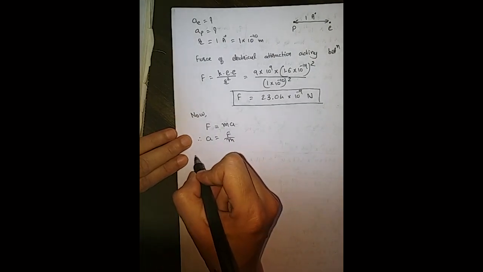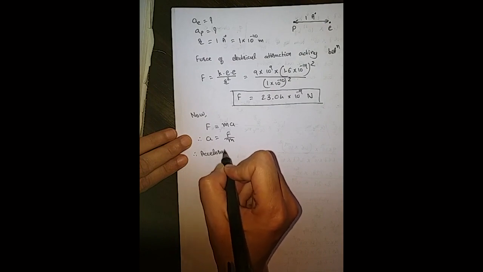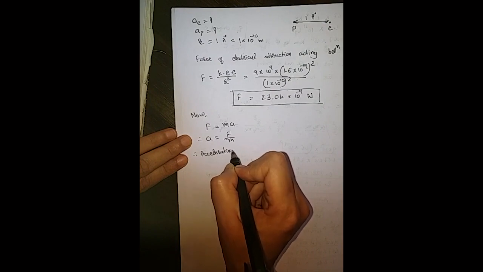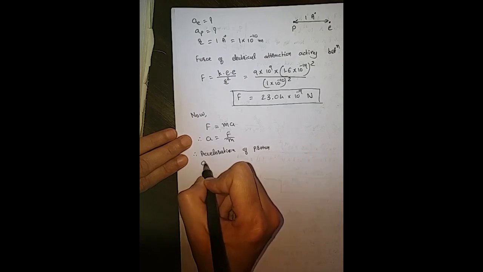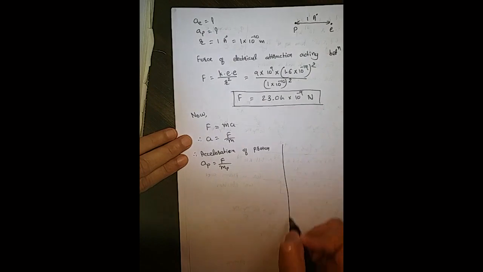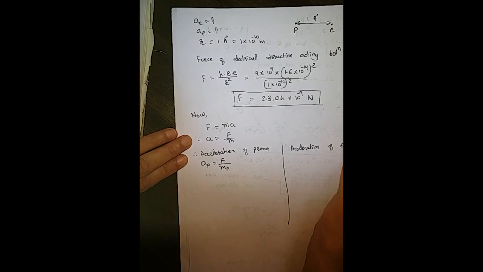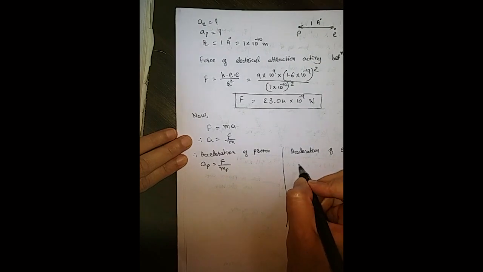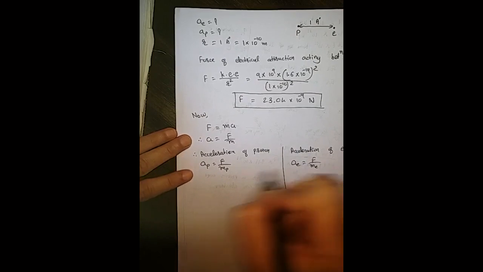So acceleration of proton, a proton, is equal to F upon mass of proton, and acceleration of electron, a electron, is equal to F upon mass of electron.